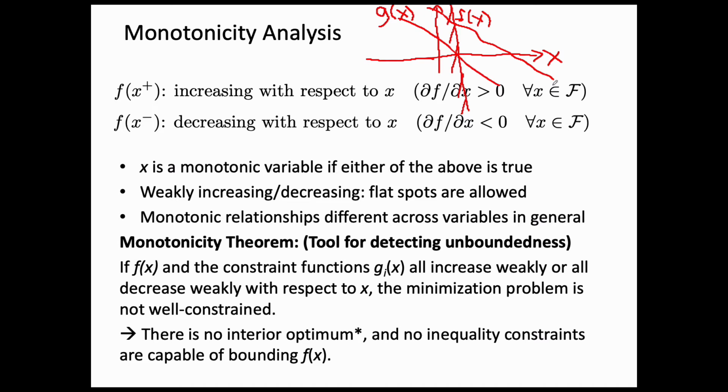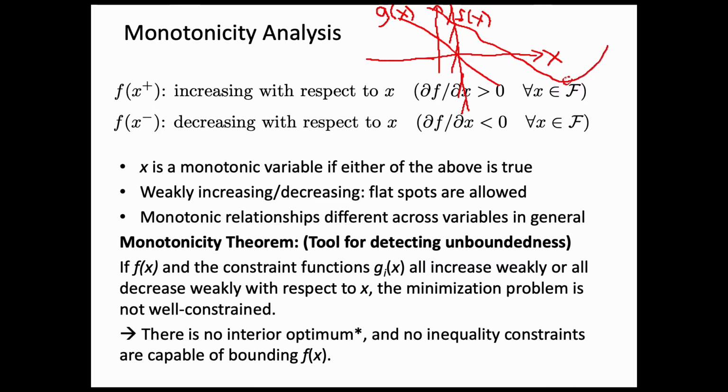That said, if we had instead an interior optimum, a local minimum that was a minimum not because of any constraints, but because of the shape of the function, then that would be a non-monotonic function. So suppose instead f of x curved back up.